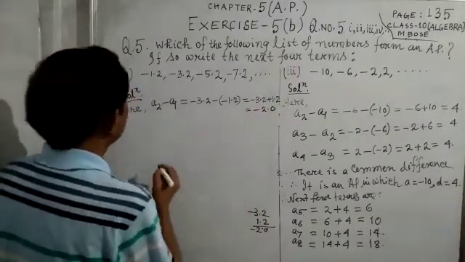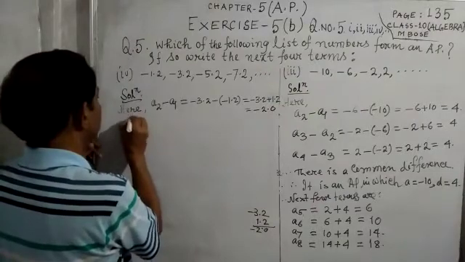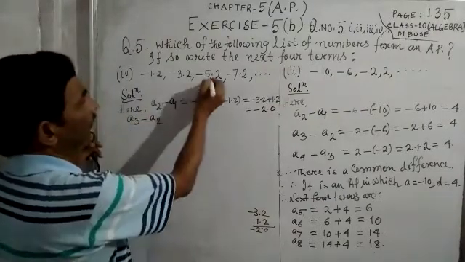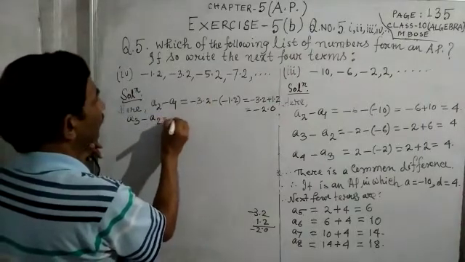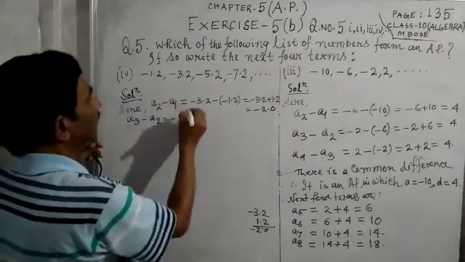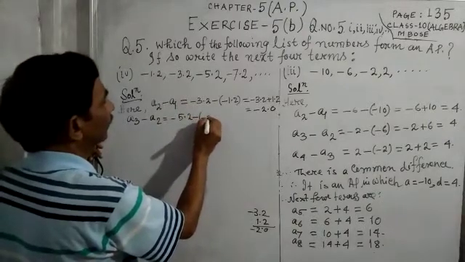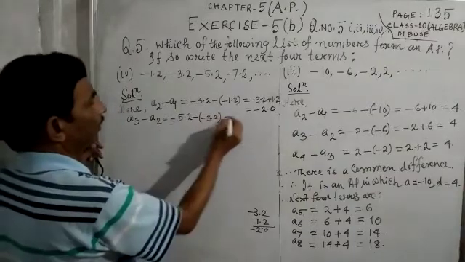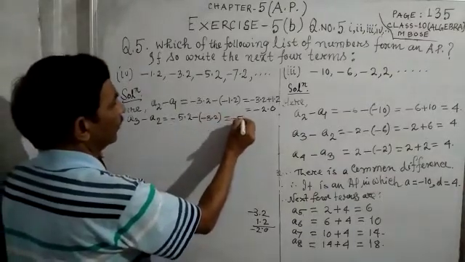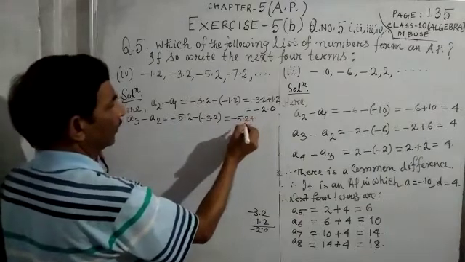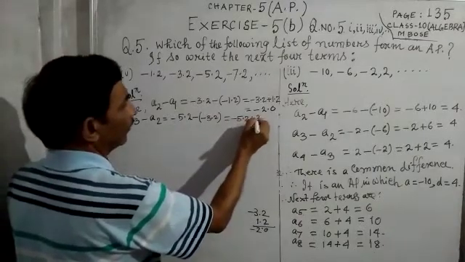Okay, and the next is A3 minus A2. This is the A3, minus 5.2, minus A2, which is minus 3.2. So in the same way, minus 5.2, then minus into minus is plus 3.2.